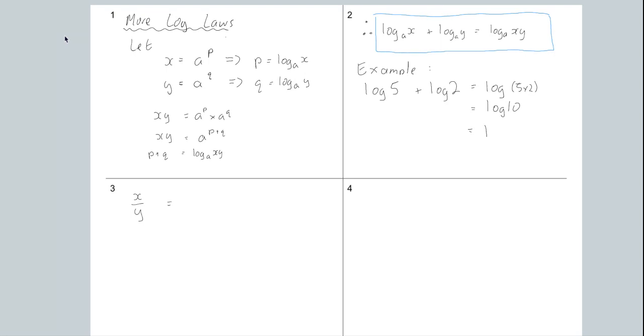So using the same stuff as up here, what x and y equal up here, use that to find an expression using a, p and q. So a to the p over a to the q. Yeah, and then use your index laws.